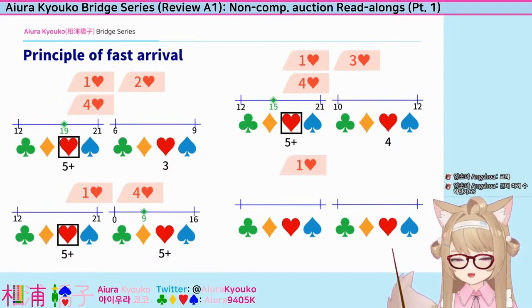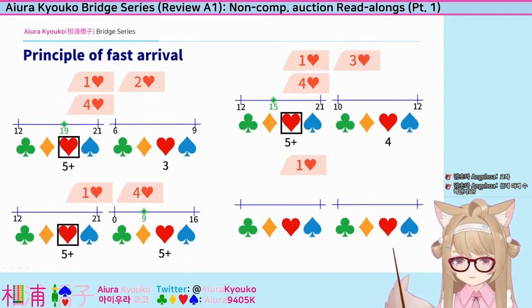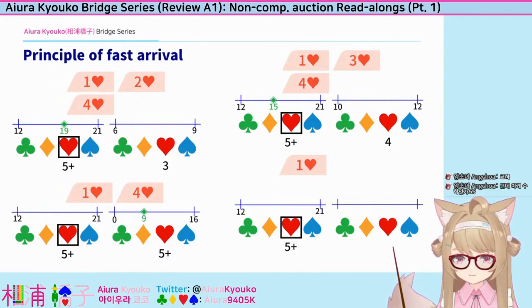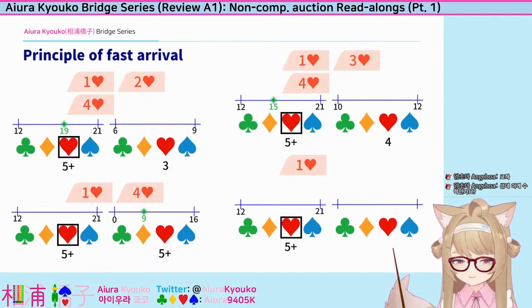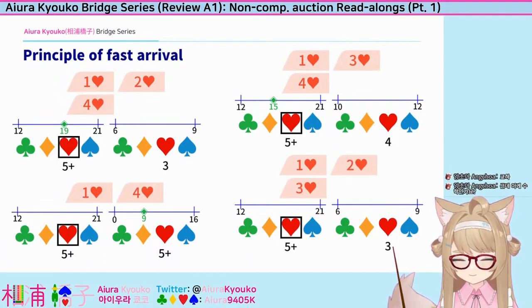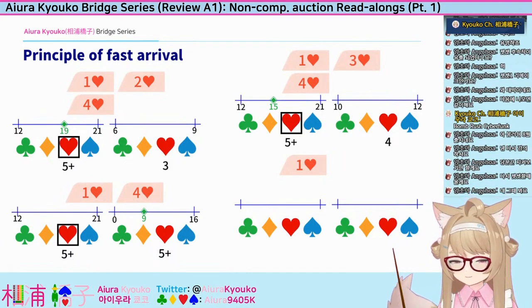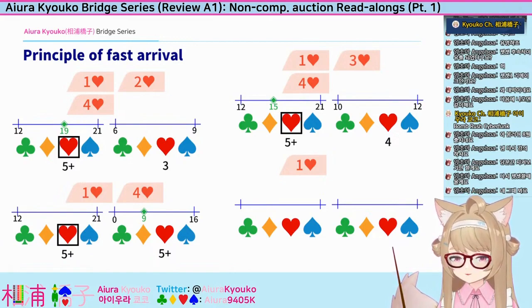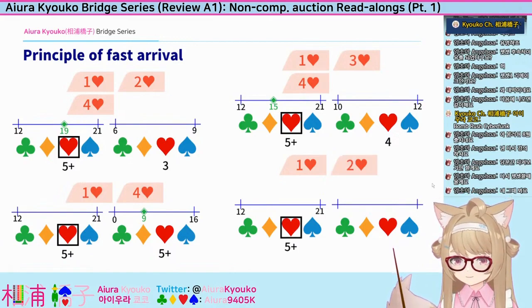Now here's the last option here on the slide. One heart opening, then a simple raise. Then there's the suit rebid, showing medium range.